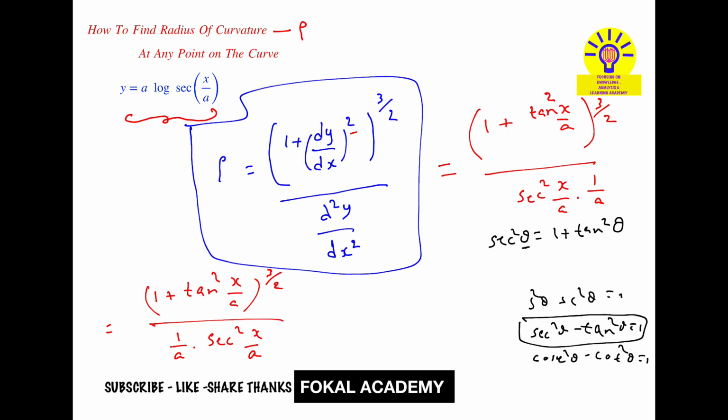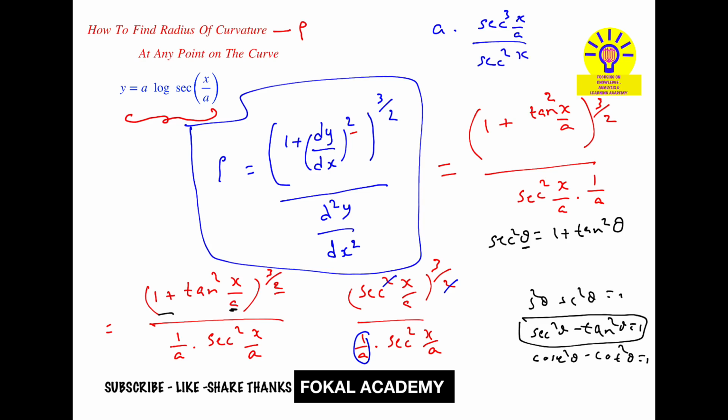In the place of theta we have x by a here, so it is in the 1 plus tan square theta form. So it can be written as secant square of x by a and the overall power is 3 by 2, upon 1 by a into secant square of x by a. Here the square cancels. So it becomes a into secant cube of x by a upon secant square of x by a.